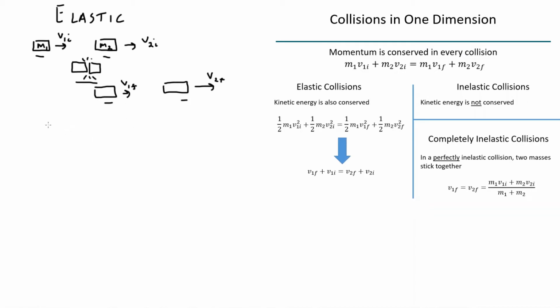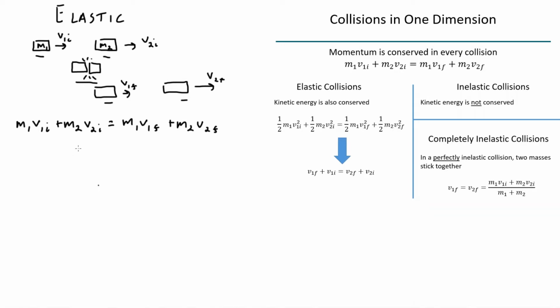Okay, so we can say that momentum and kinetic energy are both conserved in this collision if it is in fact an elastic collision. So momentum conservation looks like M1 V1 initial plus M2 V2 initial equals M1 V1 final plus M2 V2 final.